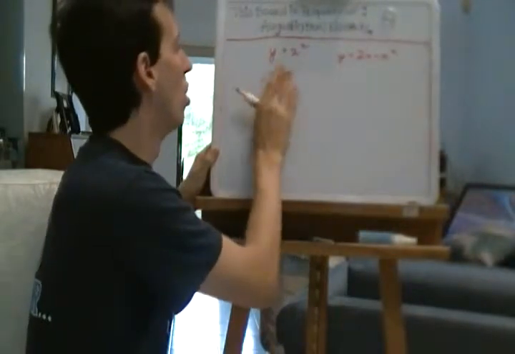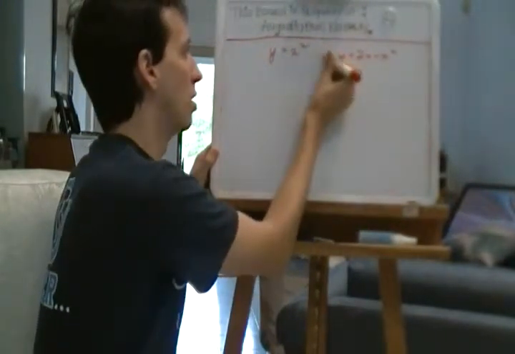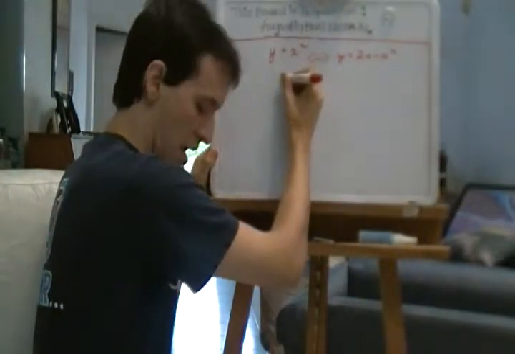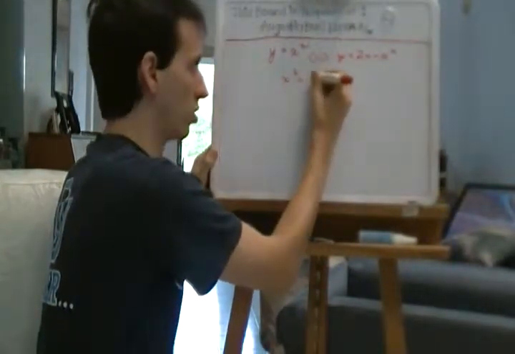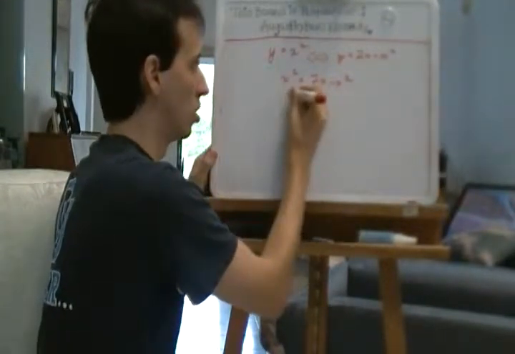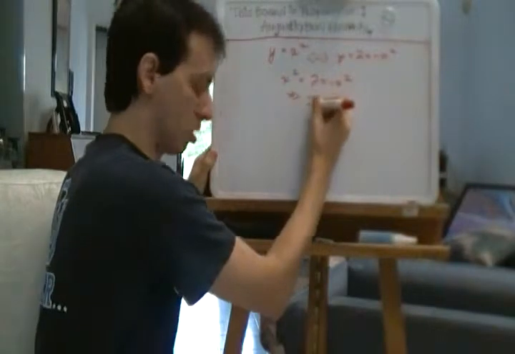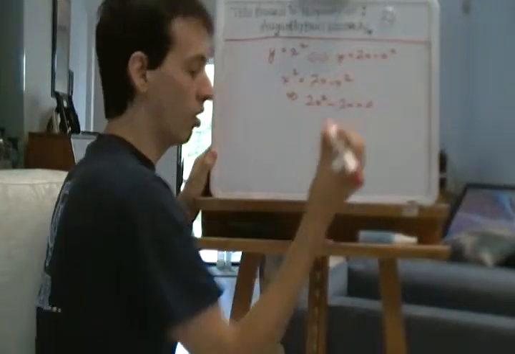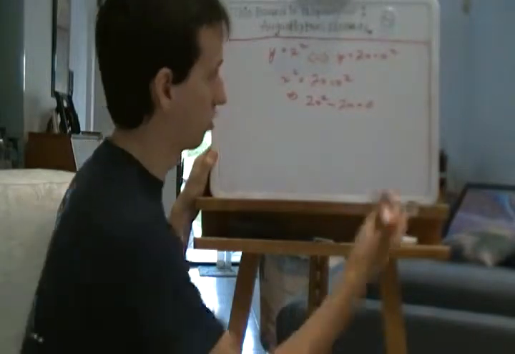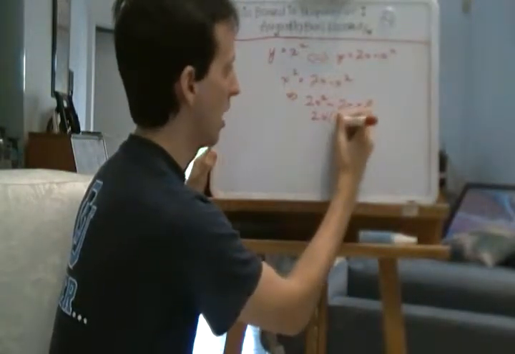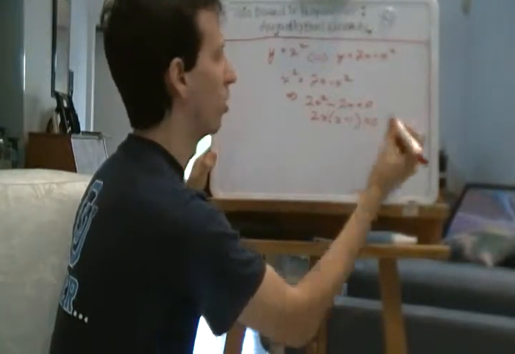So in general, we want to set these two functions equal to each other. We get x squared equals 2x minus x squared, which turns into 2x squared minus 2x equals 0. So 2x times (x minus 1) equals 0.